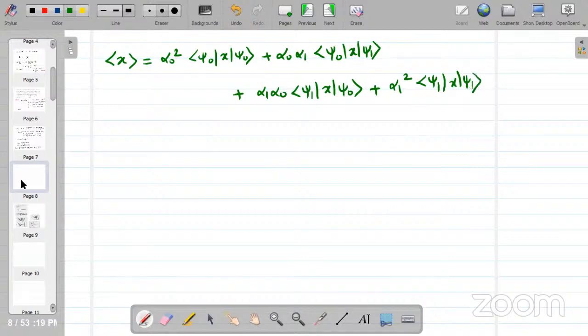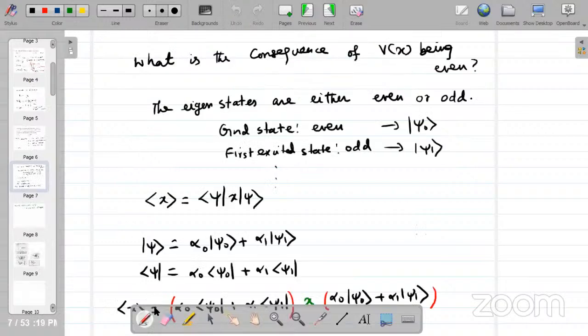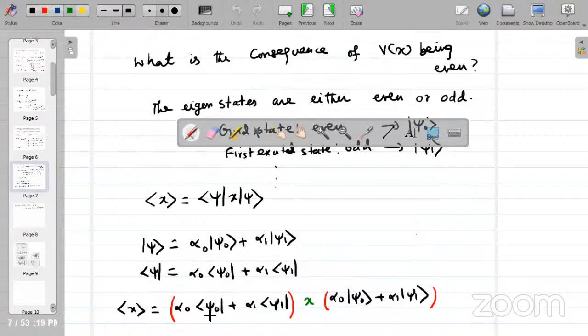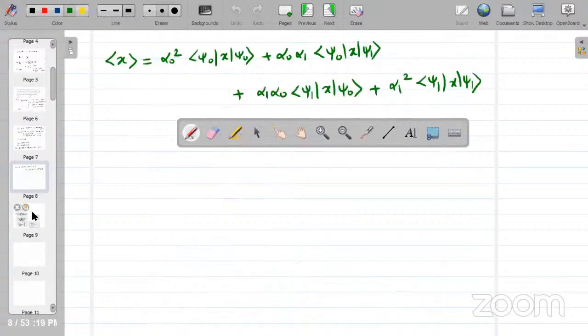Is this clear to everyone? Just normal multiplication.